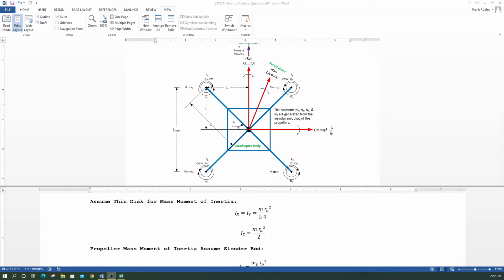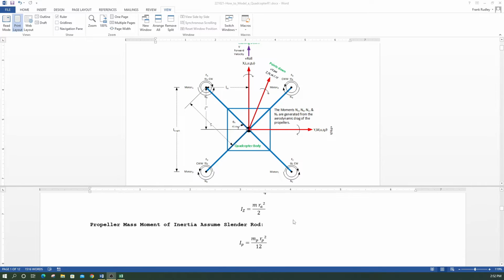It's symmetrical. So if you go to a mass moment of inertia handbook, it would be the mass times Ra squared over 4. And if we looked in the handbook for our z-axis, our z isn't quite symmetrical the way X and Y is. It would be m times Ra squared over 2.